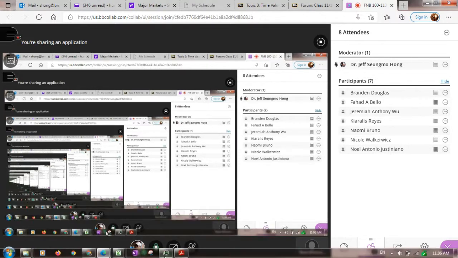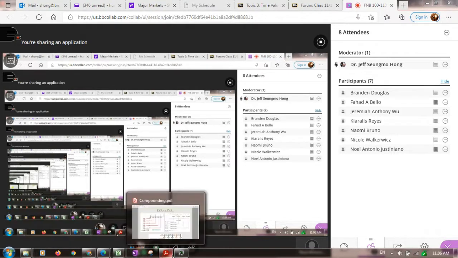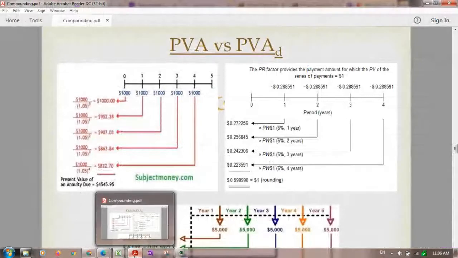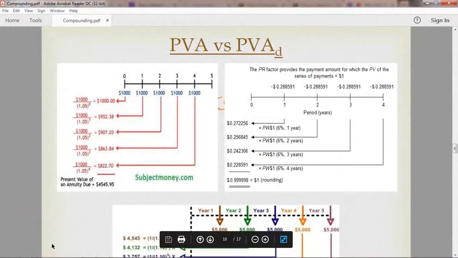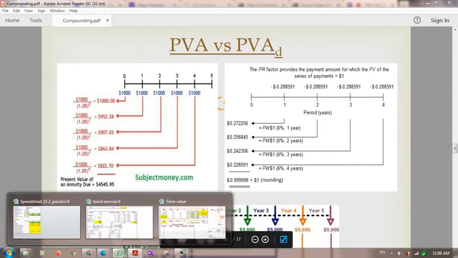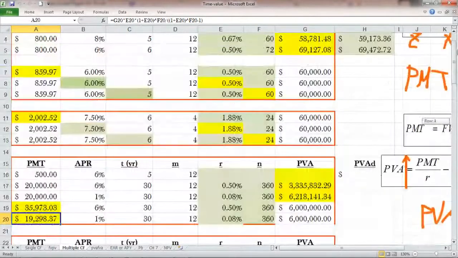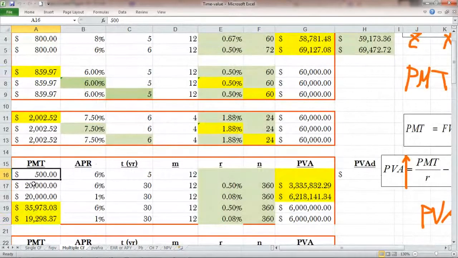Now, let me share my screen. So today, we took care of everything about future value of annuity last time. So we're now moving on to the present value of annuities.